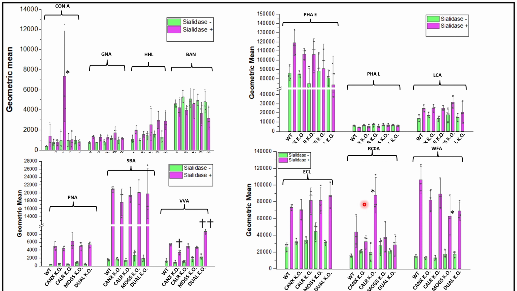This RCA data is also significant in calreticulin knockout, and in VVA the other knockouts are also significant, that is, dual knockouts have more significance, but this calreticulin knockout is not significant. This significance is compared to the wild type signals.